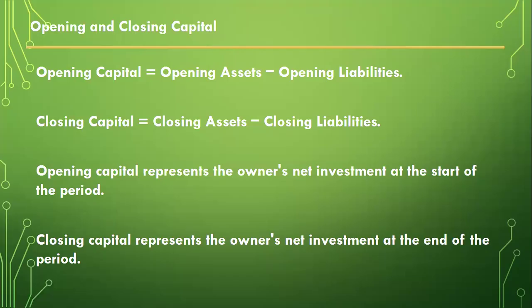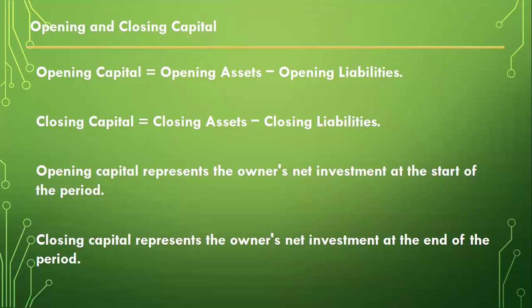If it is expected of me to get the capital that I'm starting with, every detail used in getting my opening capital is the assets that I'm using to start the business. And the same thing with closing capital. Closing capital is what it should be at the end of the year.